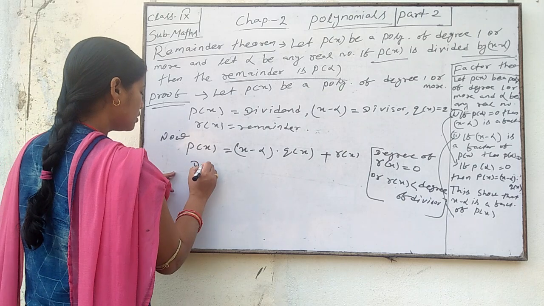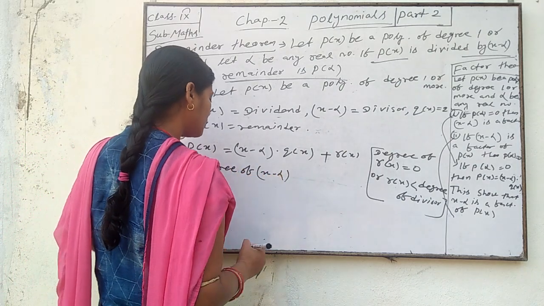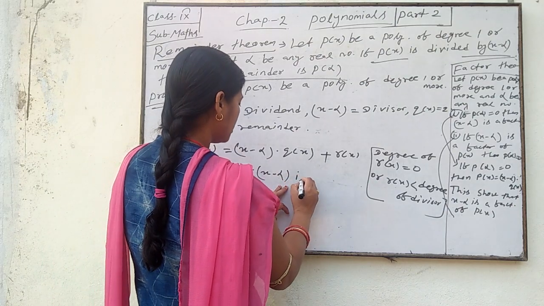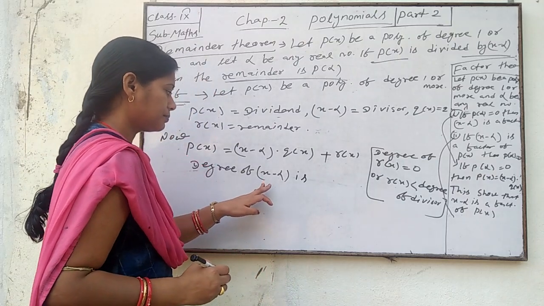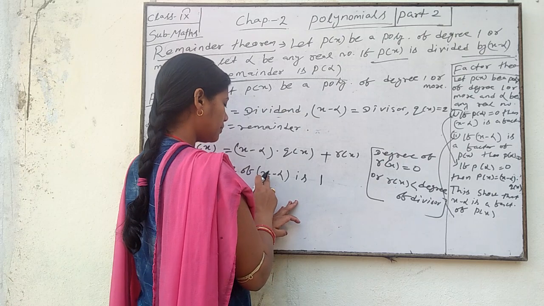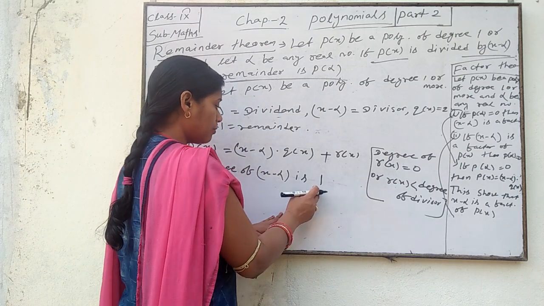It means the degree of x minus alpha is 1 here. Look here, the variable is x and the degree of x is 1.